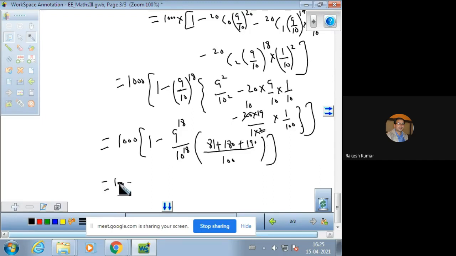So you can calculate 1000 1 minus 9 raised to power 18 into it is clear in the denominator 10 raised to power 18 and 100 is 10 raised to power 2. So 10 raised to power 18 into 10 raised to power 2, and here we should have 1, 16 and 9, 25, that is 451.